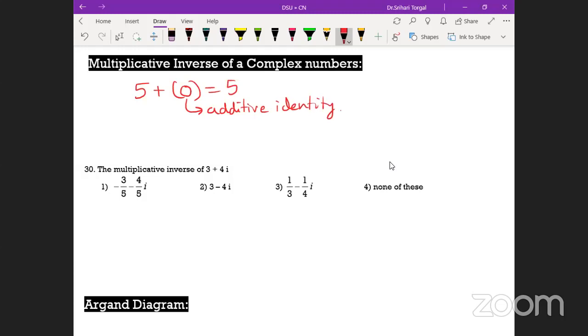To get 5, how much do I have to add? 0. So that is called additive identity. Now, what should I multiply here to get the answer as 5? 1. This is called multiplicative identity.